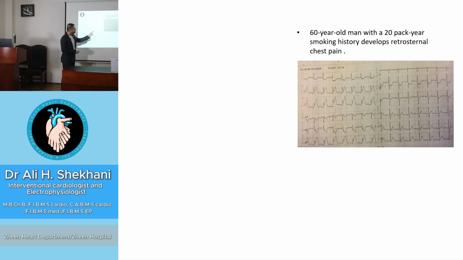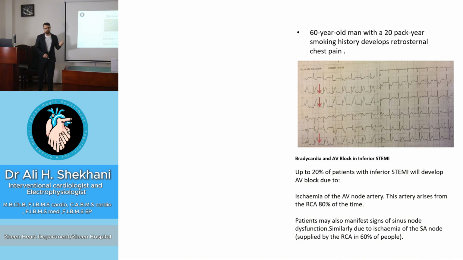At the same time, the patient has a long PR, the first degree heart block, which is very commonly seen in inferior myocardial infarction. 20% of patients with inferior myocardial infarction usually have conduction disturbance. Why? Because the right coronary artery supplies the AV node in 80% of the population and supplies the sinus node in 60%.